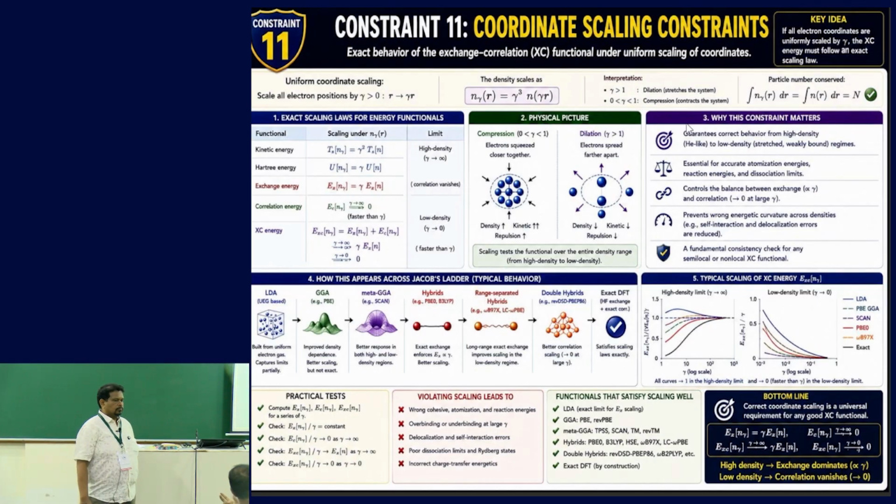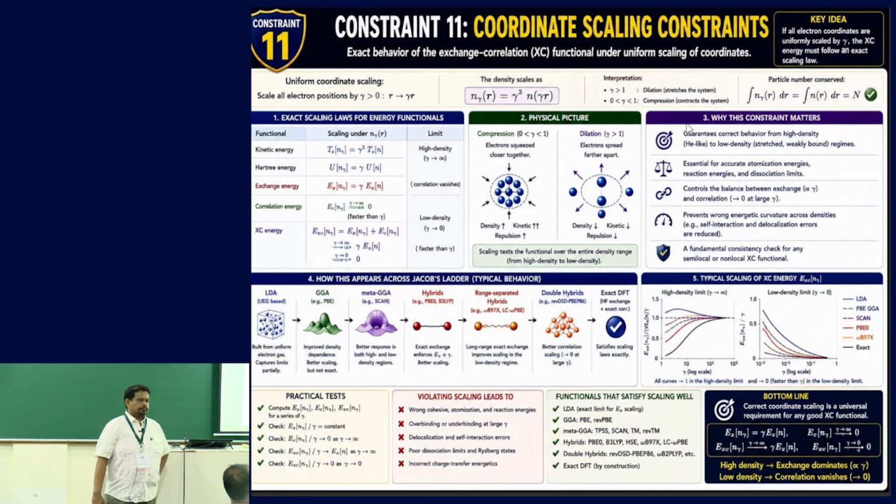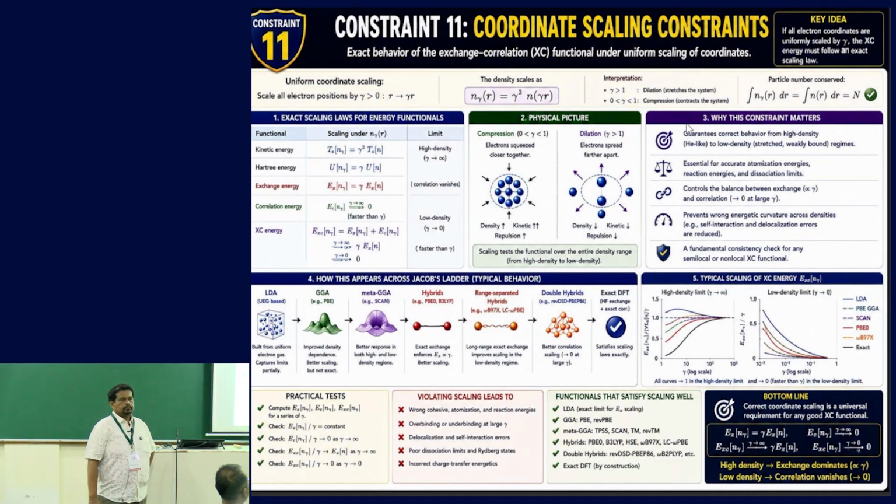Kinetic correlation: you see, there is a T minus Ts. There is this exact kinetic energy T, and then minus the non-interacting kinetic energy Ts. This is a part of kinetic energy, and as kinetic energy goes as degree 2, the TC, or T_c as sometimes they write, also goes as degree 2 scaling.